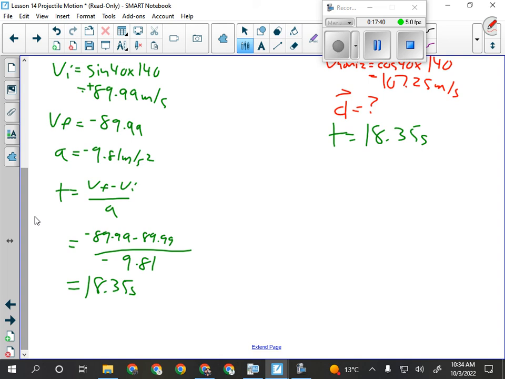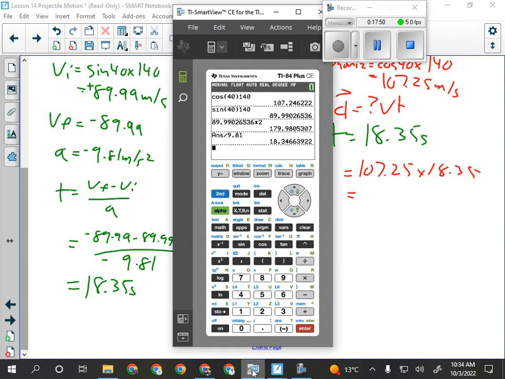Now I can calculate what D is. It'll be V times T, so 107.25 times 18.35. And again, in my calculator, I am keeping all of these decimals. I'm not going to lose any of them, because of my significant digits.